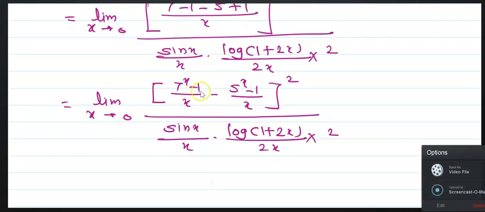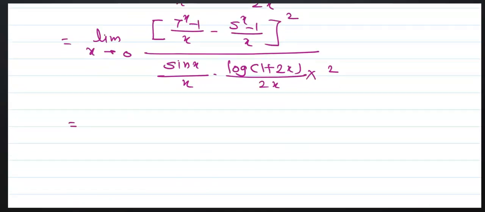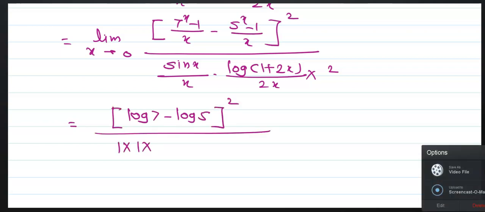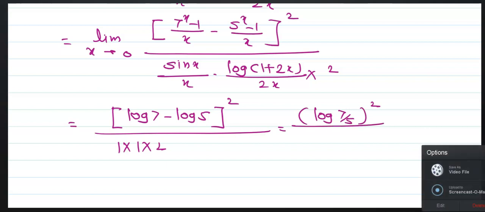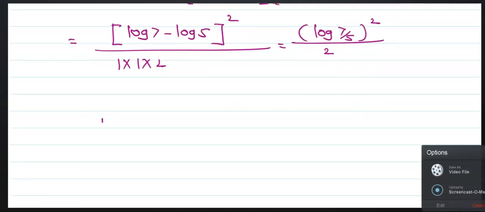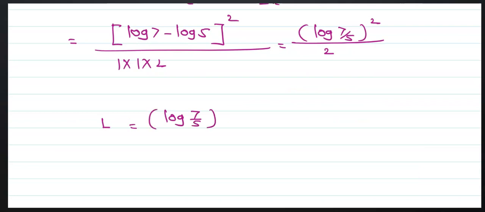That is (log of 7 minus log of 5) bracket square upon 1 into 2. That is (log of 7 upon 5) bracket square upon 2. Therefore, it is equal to (log of 7 upon 5) bracket square upon 2.